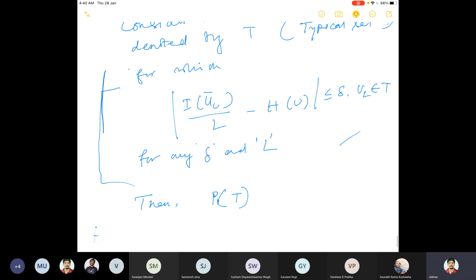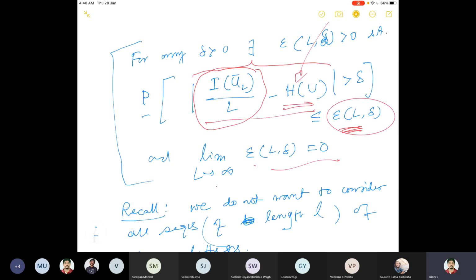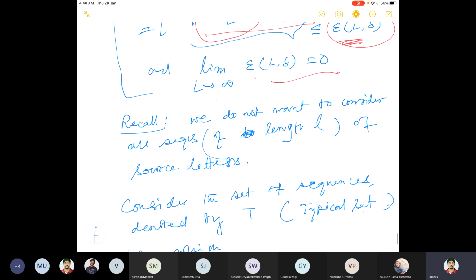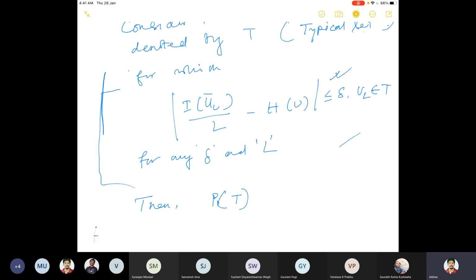First of all, observe that the probability of this event is less than or equal to epsilon(L, delta). Now this symbol you see here is bigger than or equal to, while the typical set is defined as less than or equal to. So what should the probability be?